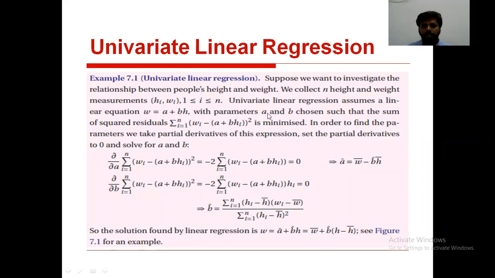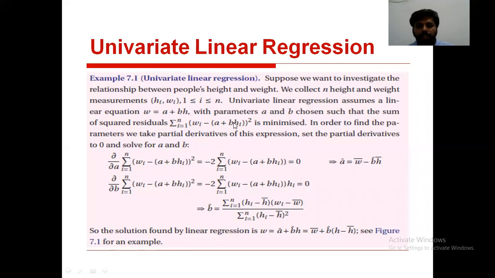Parameters. Here, we are calculating the squared residuals by summing all the residuals. For each and every residual, we are calculating squares. After calculating the squares, we are adding all the squared results.